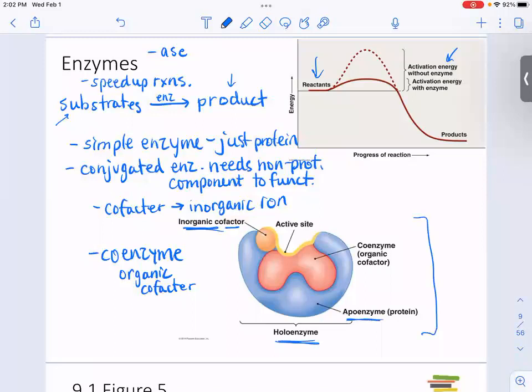And the part of the enzyme where the substrate binds, that's known as the active site. You can see here in this example, without the cofactor and the coenzyme, the active site would be a very different shape. Substrates wouldn't be able to bind. Cofactors are often some inorganic ion, something like copper or zinc or iron, for example. And coenzymes often are some kind of vitamin. All right, so just some terms to be familiar with.